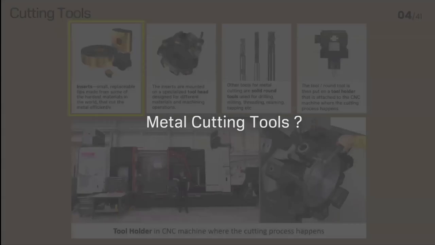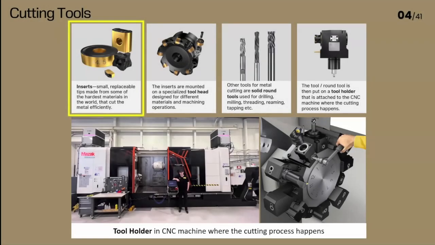And first question you may ask me, what are metal cutting tools? So metal cutting tools include inserts, small and replaceable tips made from some of the hardest material in the world, and that cut the metal materials efficiently.